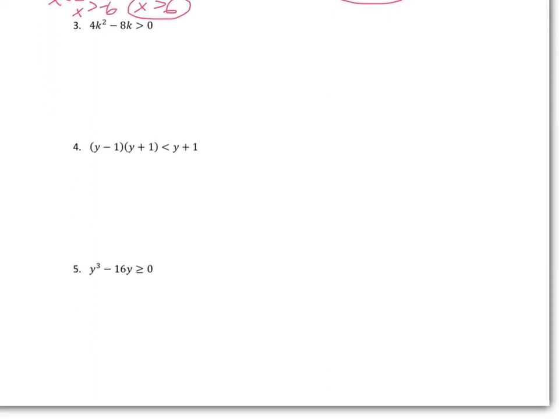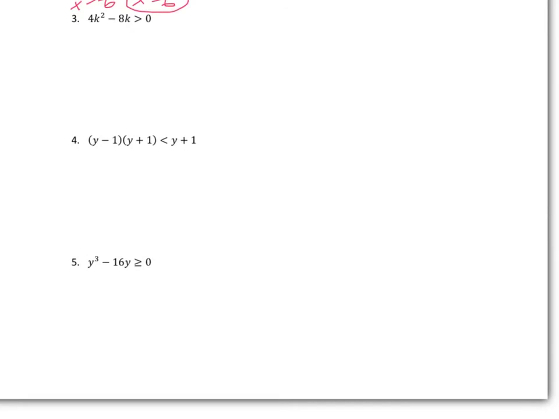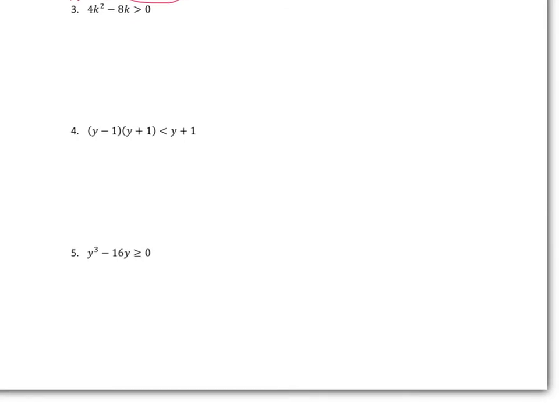Now, number 3. We have 4k squared minus 8k is greater than 0. Let's factor this right away. You can pull out the shared 4k. You're left with a k here minus 2. It's greater than 0, so they have to be the same sign once again.